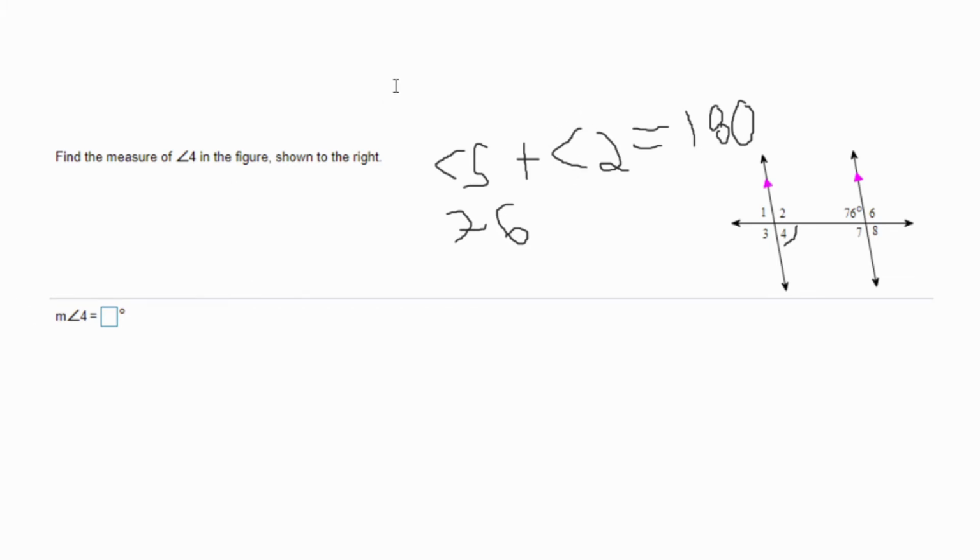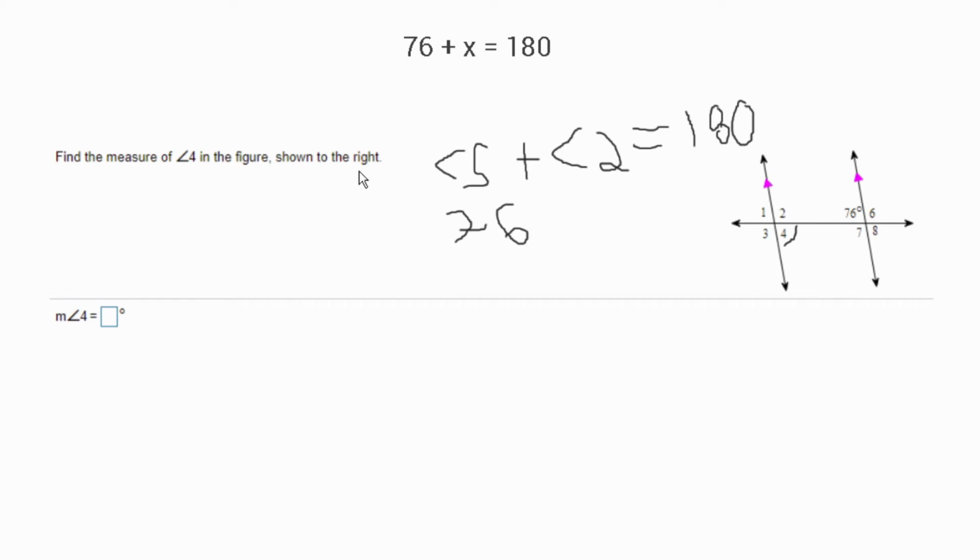It's just like algebra, if you were to do 76 plus x equals 180, but we're just changing the name of it. Then you subtract 76 from both sides, leaving you with 104.